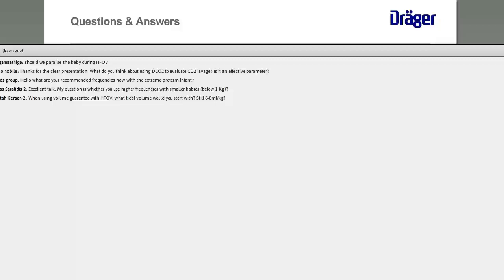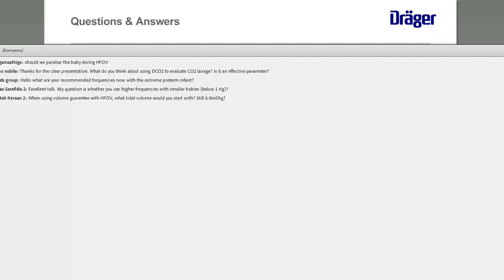So tidal volume during high frequency ventilation can be modified in two ways. As you know, increasing or decreasing delta P, you will have small increases or decreases in tidal volume. But if you want to increase or decrease the tidal volume a lot and very fast during high frequency ventilation, then you have to modify the frequency.